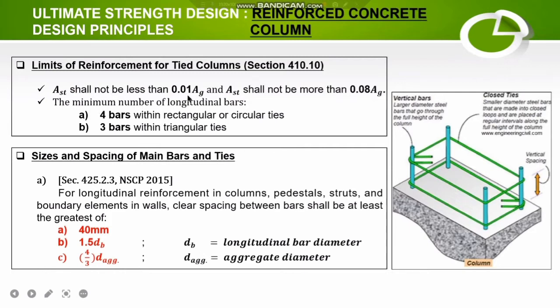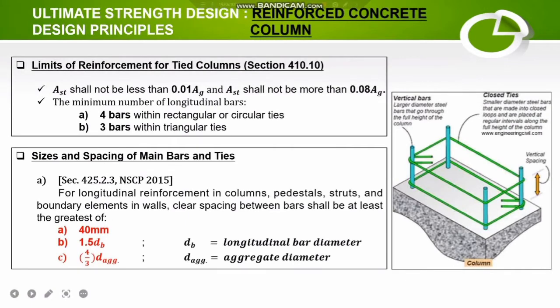So the area of our steel reinforcement must be in the range of 1% of Ag to 8% of Ag. The minimum number of longitudinal bars is as follows: a minimum of 4 bars within rectangular or circular ties for tied columns, and 3 bars within triangular ties.